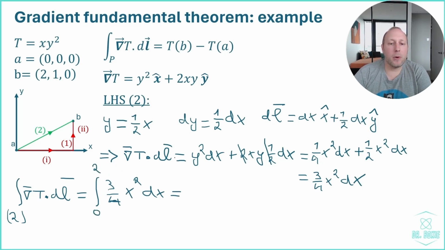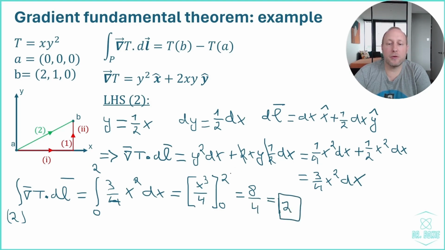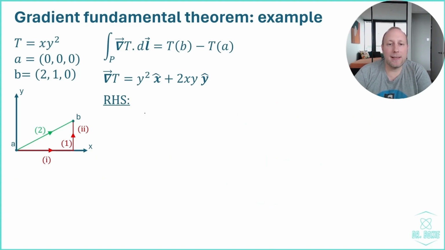Now the integral of 3/4 x squared dx is x cubed divided by 4, evaluated between 0 and 2, which gives us 8/4, which is indeed 2. So we find the same value of 2 when we evaluate the line integral, the left-hand side, along path 2. And now we want to check the right-hand side, which is actually the easiest part.